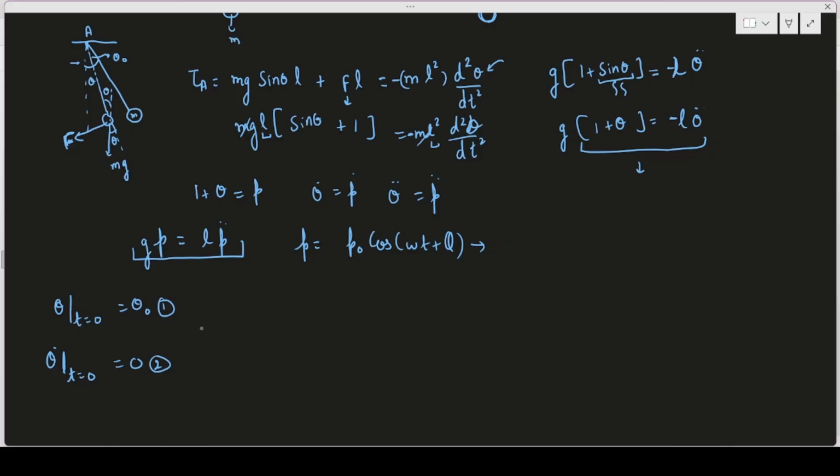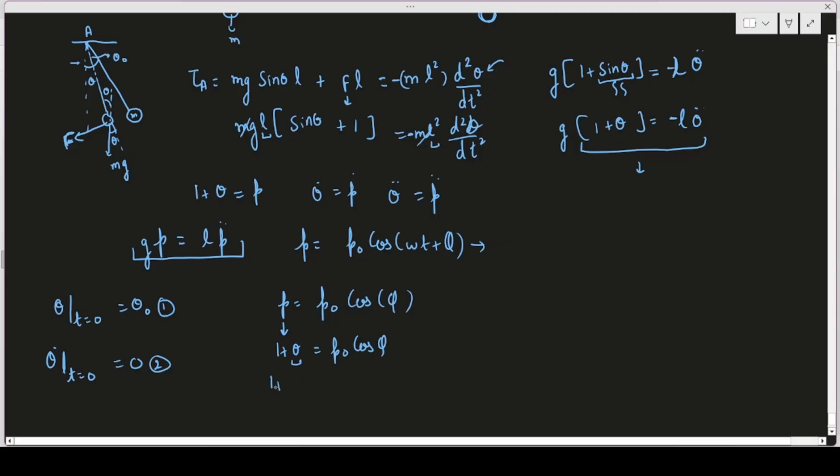So we will apply these two initial conditions. So p equal to p naught cos phi. And what was p? p was equal to 1 plus theta. This theta equal to theta naught. So 1 plus theta naught equal to p naught cos phi.